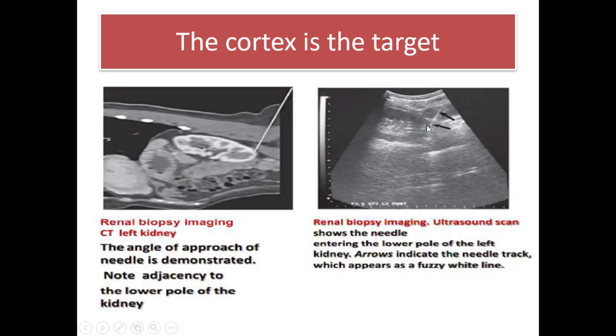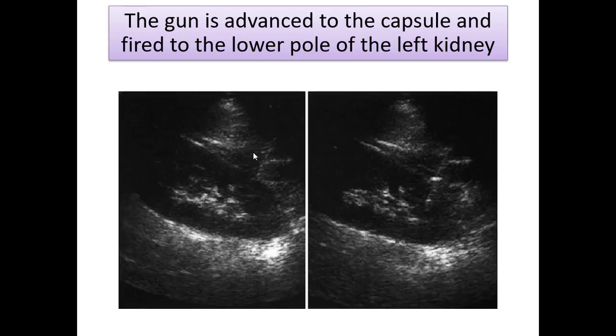And this is the kidney capsule, so I will use the gun on this cortex, and this is the CT image, again from the lower pole of the kidney, from the cortex. The gun is advanced to the capsule and fired to the lower pole of the left kidney. This is the gun, the needle, and this is the left kidney lower lobe.